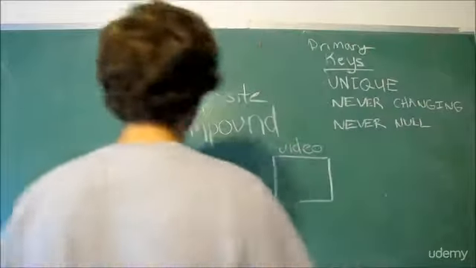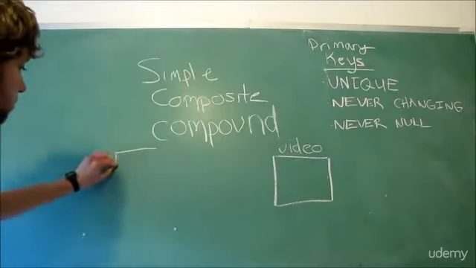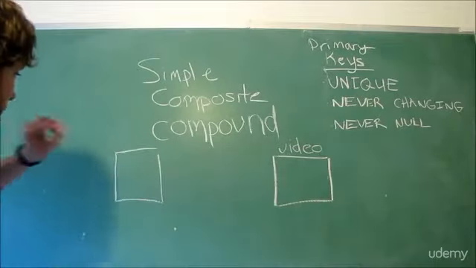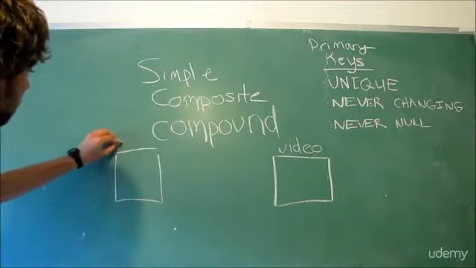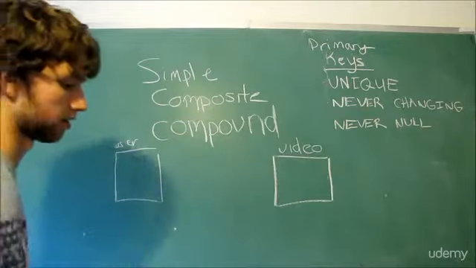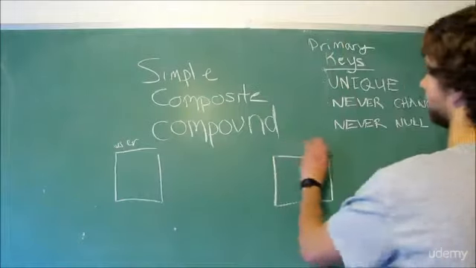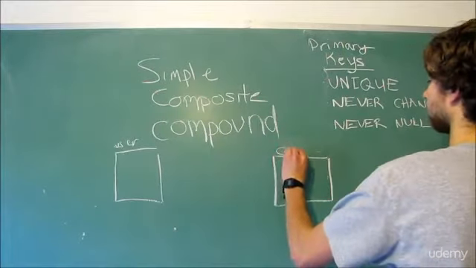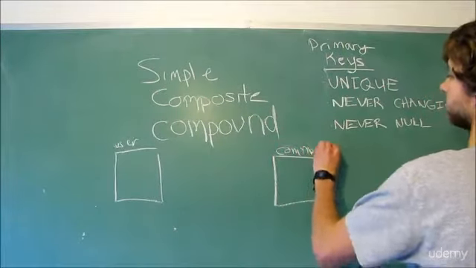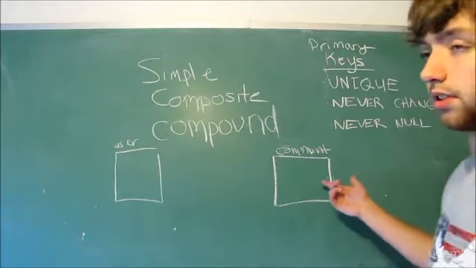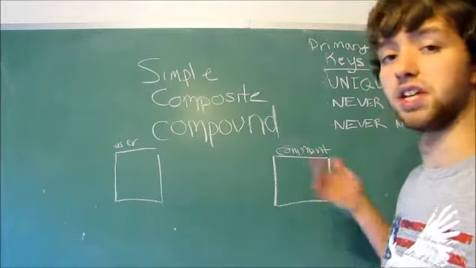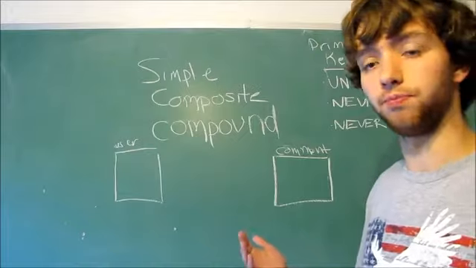We could also have another table over here, a user table. Actually, let's do it this way. We're going to have a comments table, okay? And then within this comments table, we could have a column of what video they're commenting on. Well, this is a many-to-many relationship, right?